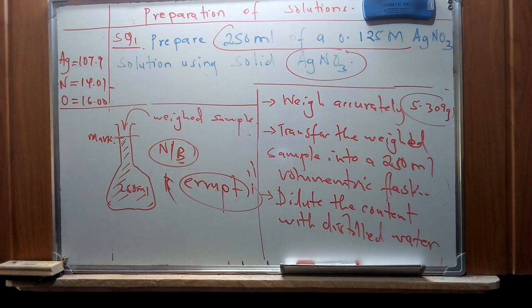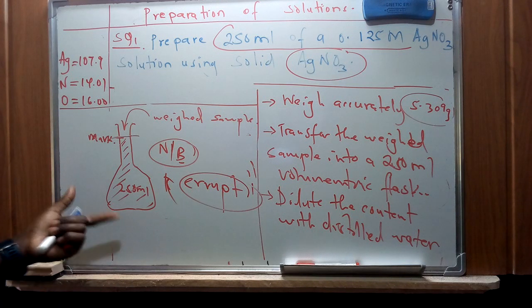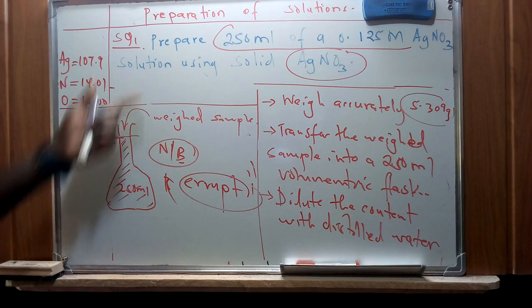Some chemical reactions can take place, and you find that some of the volumes have been spilled, etc. So this is the procedure that we can use for such a solution.